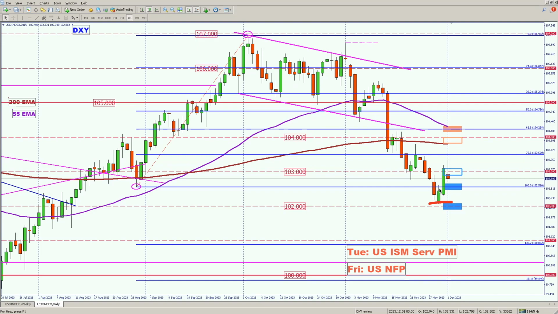It managed to climb back up to test the swing low, and then recovered on the Thursday, largely due to euro weakness more so than the dollar strength because of the Eurozone CPI data. And then another gap down lower on the Friday and attempt to climb up higher, but stall and just consolidated under the 103 level for the week.